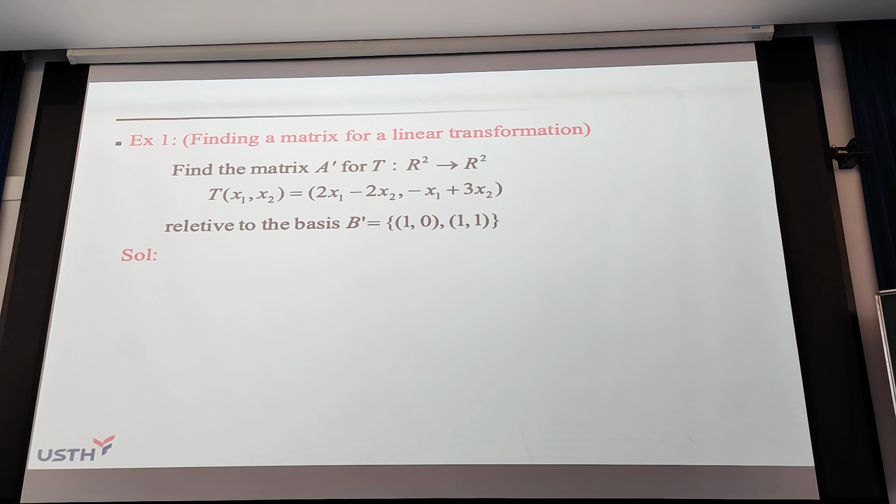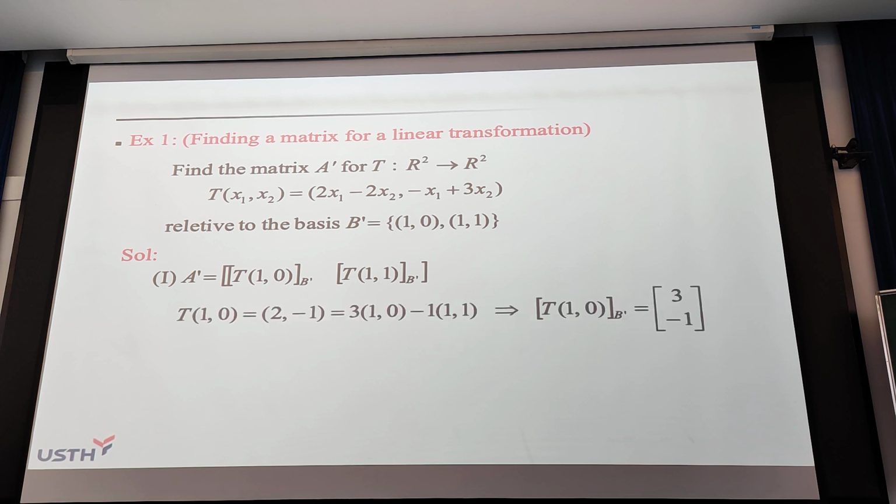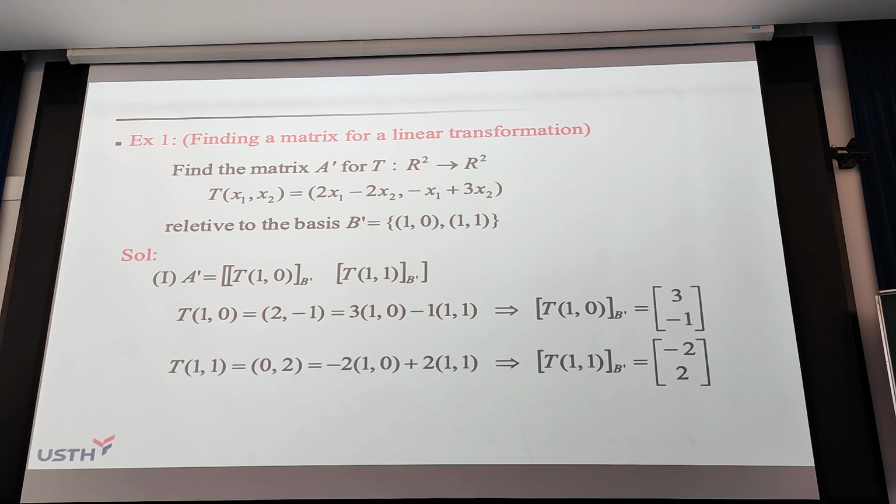Then the first method, you can use the definition. You need to find T of the first vector, T of the second vector, and find the coordinates of that relative to B prime. And then you get T of that equal to here. And the coordinate column will be that one. The second will be here.